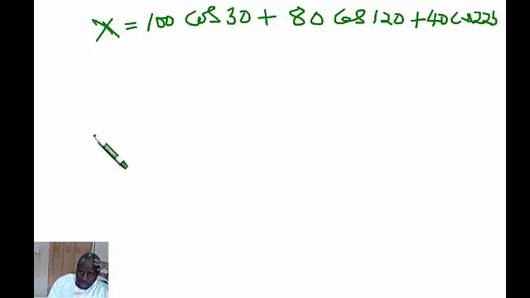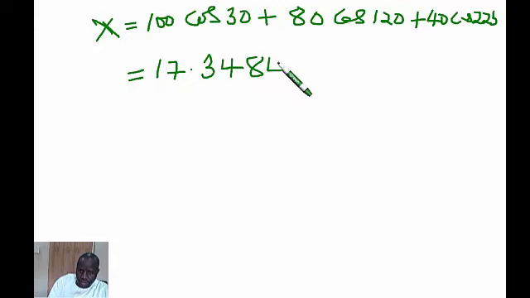When you evaluate this correctly, you are going to get 17.3484. Remember, your calculator should be in DEG mode, not RAD or GRAD. The answer is going to be this.